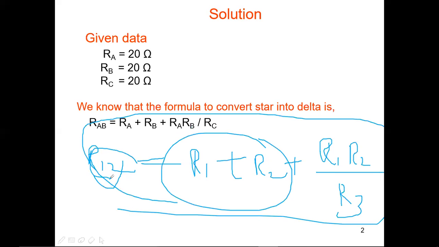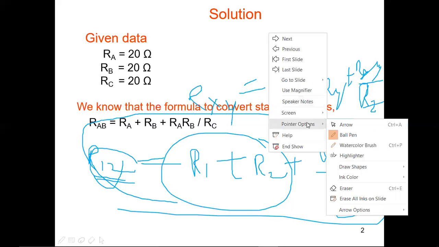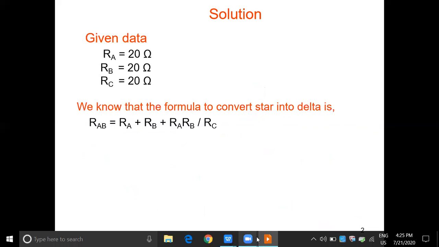You don't need to bother about 1, 2, 2, 3. If it is Rxy, you can write the equation like this: Rx plus Ry plus Rx into Ry, divided by Rz. In the same way you can write the equations for any unknown parameters. So here I wrote RAB as Ra plus Rb plus Ra Rb by Rc, right?